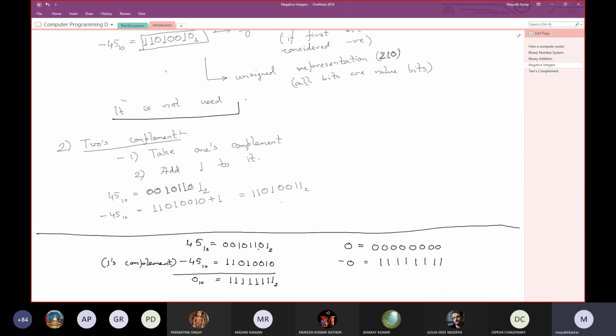And that's why all the system software and all the applications that we write always follow the 2's complement technique. So if you are working on a computer, you can safely assume that if you do the 2's complement, you will get the number back.